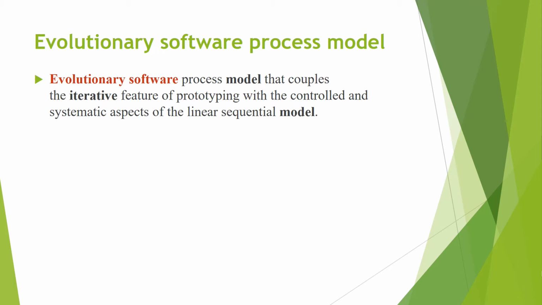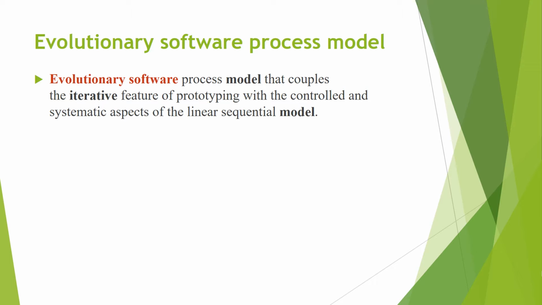This product is called the core product, which is designed when system requirements are well understood, but the details of the product or system extensions have yet to be defined. In such situations, software engineers need a process model that has been explicitly designed to accommodate a product that evolves over time.